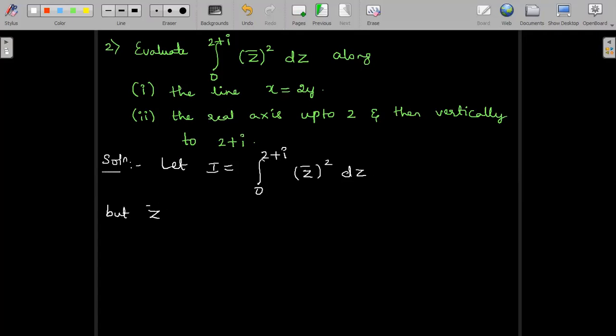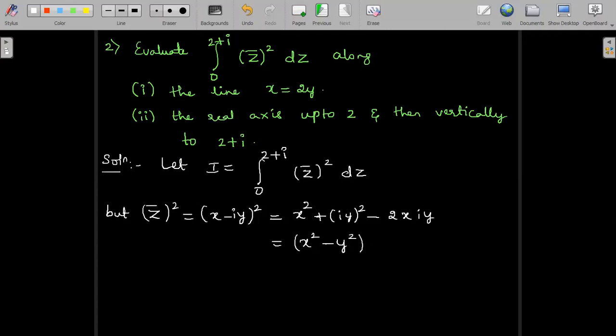Z bar is nothing but (x minus iy) whole square. So we will expand using the (a minus b) whole square formula: a square plus b square minus 2ab. This gives us x square minus y square as the real term, and the imaginary term is minus i into 2xy.